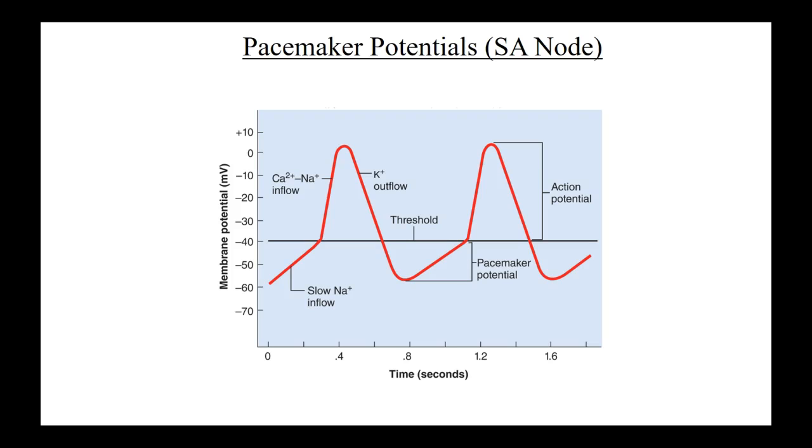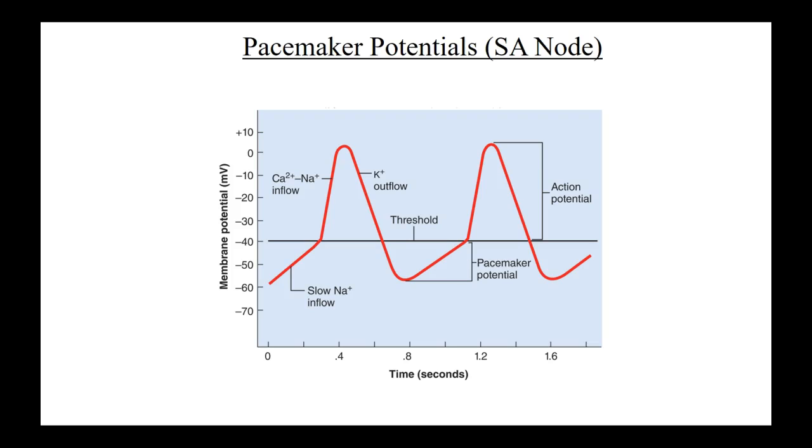If it allowed positive ions in, we depolarized. If we opened a channel to let positive ions out of the cell, we hyperpolarized. Or we could hyperpolarize by letting negative ions in. We had to have some sort of stimulus.